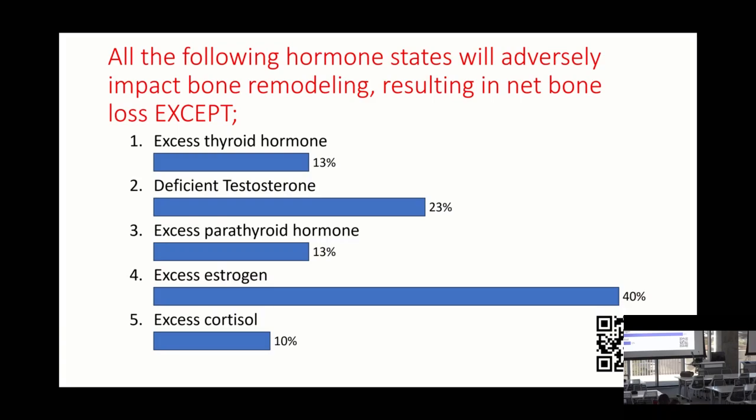If not on this test, on your board exams, you can run into this because in the board exams, you get everything, all the hormones, all the different conditions, they can be integrated, and you might have questions like this that will test your knowledge about what affects osteoporosis. Any questions?